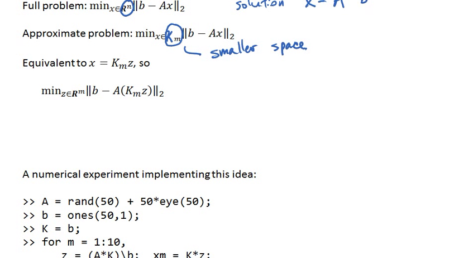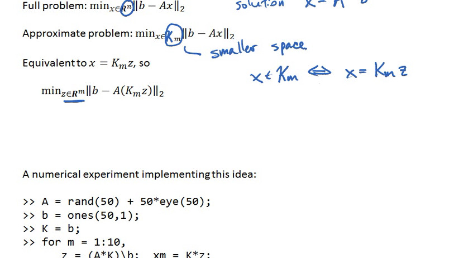So, of course, if x is in the Krylov space Km, it's equivalent to x equaling the Krylov matrix Km times the vector z. So we'll plug that into our minimization problem. Now we're looking over all possible vectors z, which are m-dimensional.